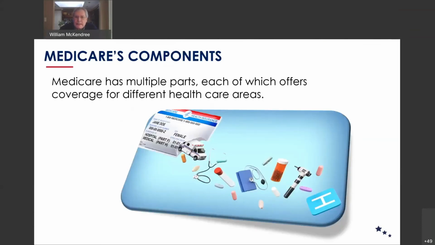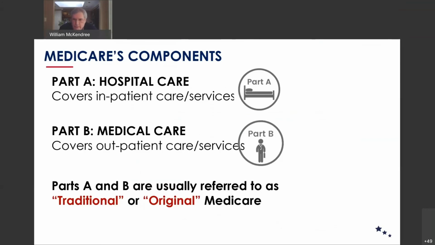So those multiple parts and how they coordinate, how they work together, is probably the most perplexing and most essential part of the choices you're going to make as you enter, and to some degree later as you navigate through the system. So understanding what these parts are and how they work are essential to making those choices.